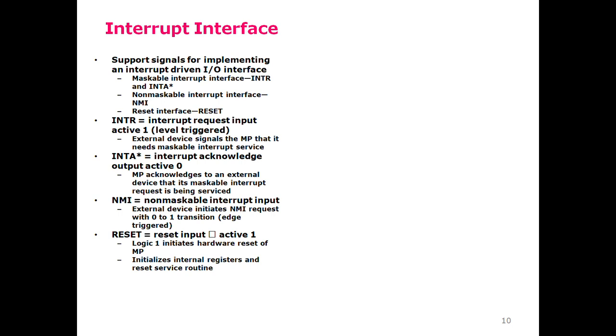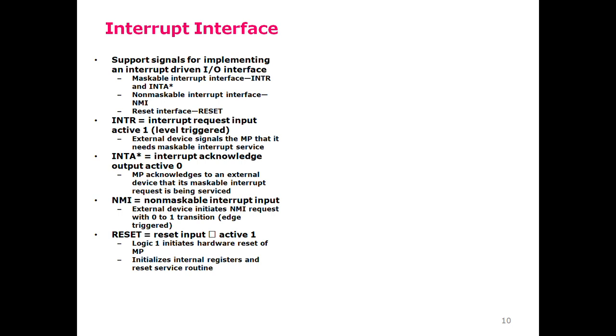It has two types of interrupt pins. One is the maskable interrupt interface, that is the interrupt request pin, or INTR, and then there is an interrupt acknowledge pin. The interrupt request pin is an input pin through which an interrupt request is received, and the interrupt acknowledge pin acknowledges the interrupt.